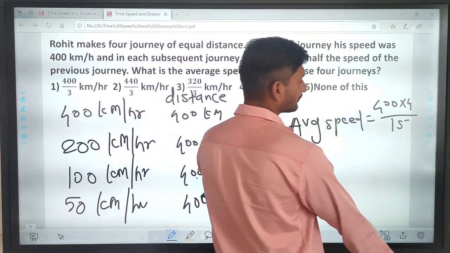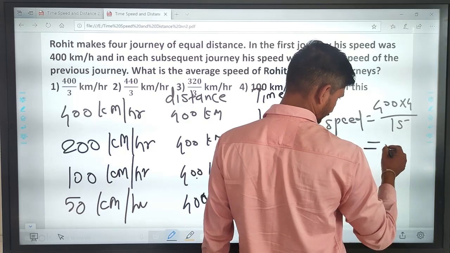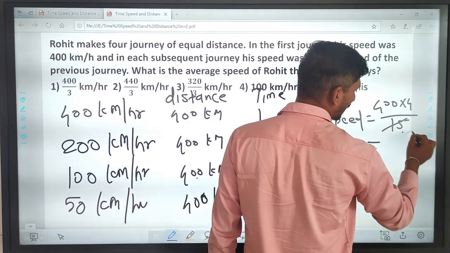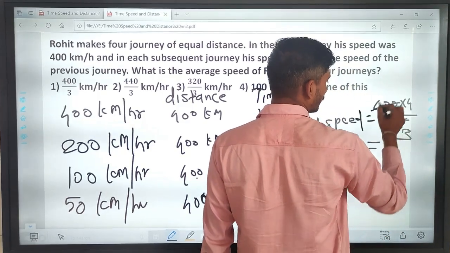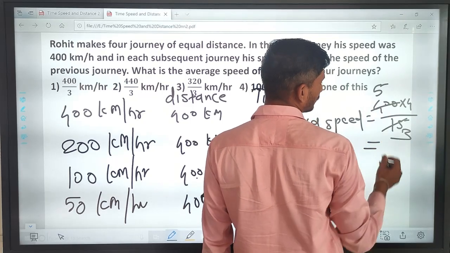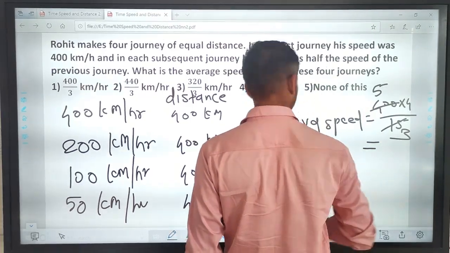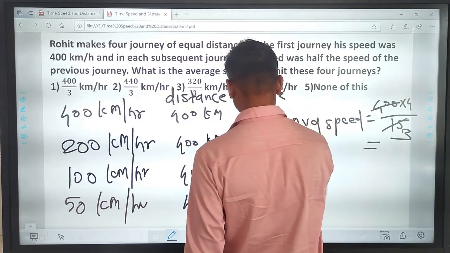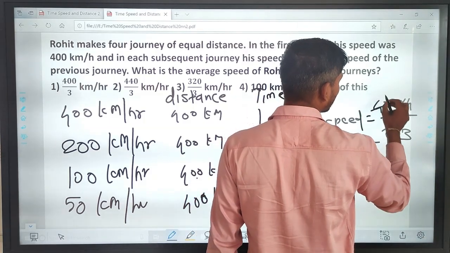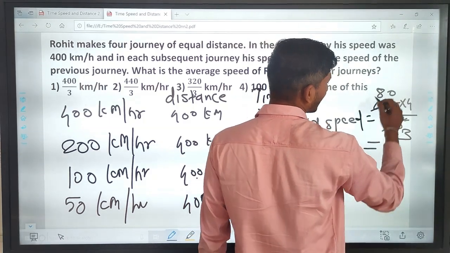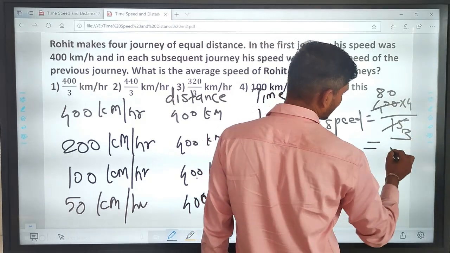Total time is 15. Now here we divide by 5: 5 times 3 is 15, 5 times 4 is 20, and 5 times 80 is 400. Now 80 into 4 is 320.